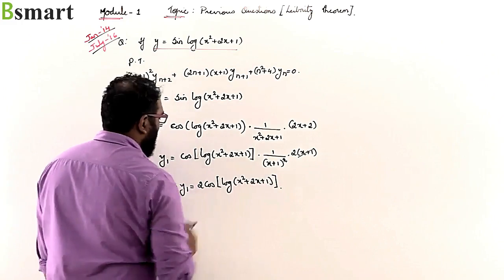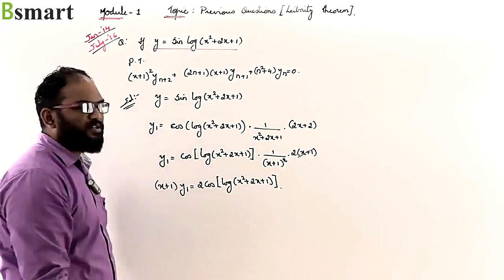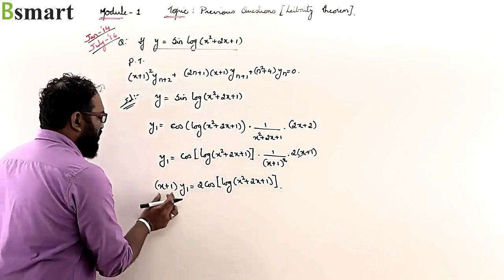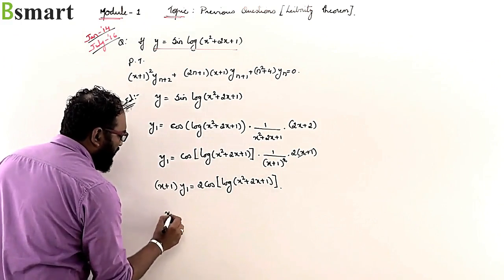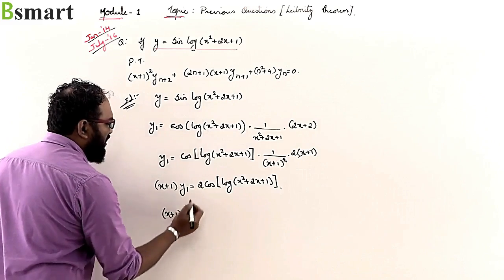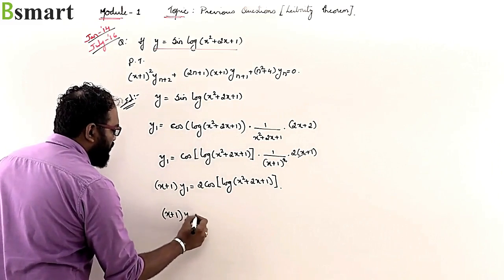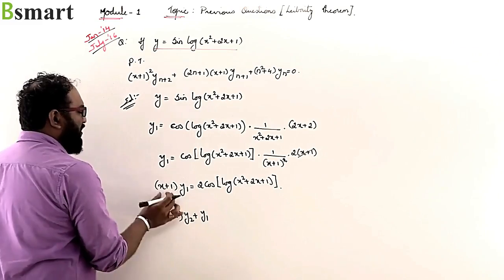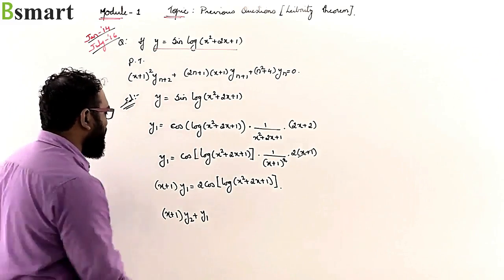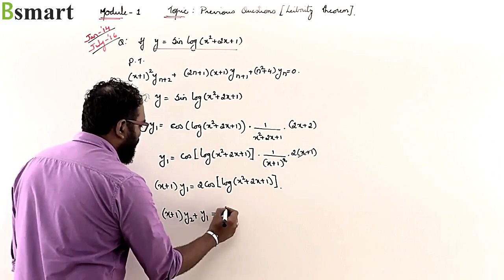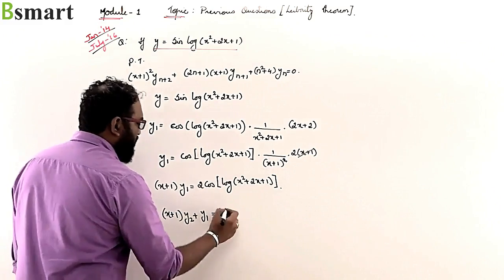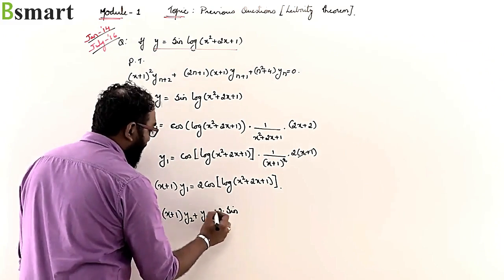Now again we'll differentiate this. So applying the UV formula, that is x plus 1 into the derivative of y1, which is y2, plus y1 into the derivative of x plus 1, which is 1, is equal to 2 into, now the derivative of cos is minus sine.